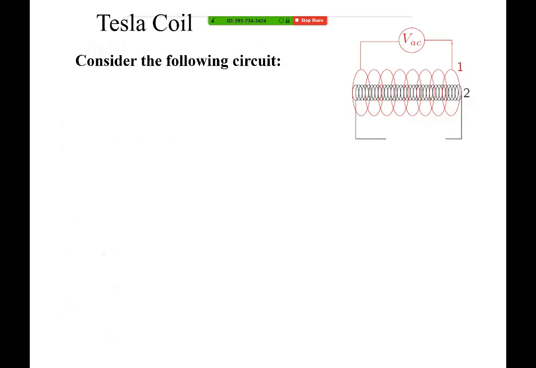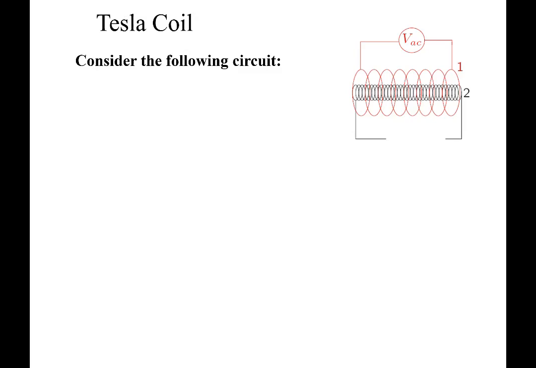Now consider the following circuit. So we now have a slightly different looking configuration of the two coils. There's coil 1, which is in red in your picture, and there are fewer turns in coil 1. And through the center of coil 1, we are going to place coil 2, which has many more turns.